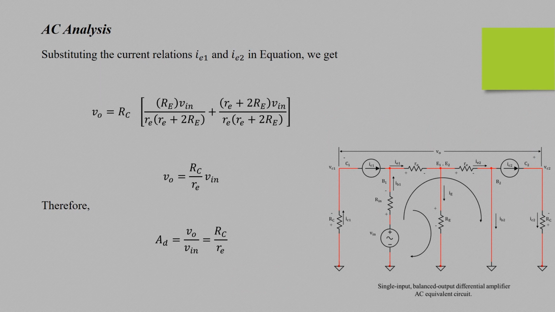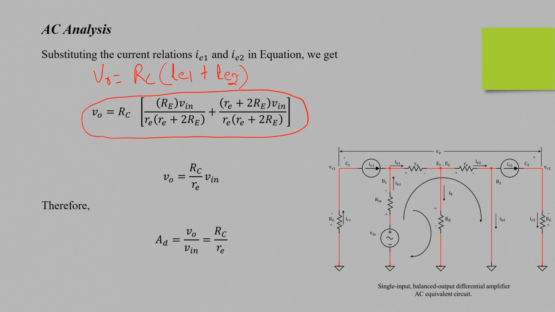Now substituting the values of IE1 and IE2 in the output equation, V0 is equal to RC into IE1 plus IE2. So we get this.